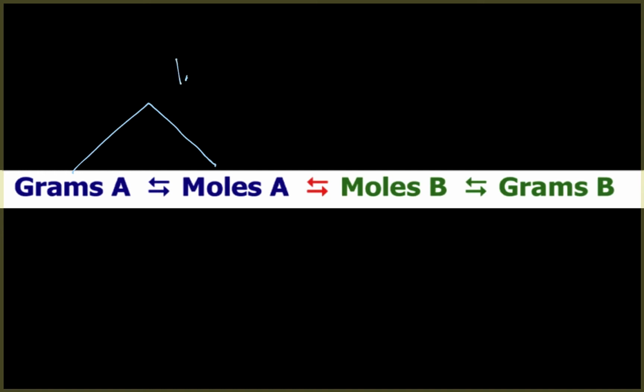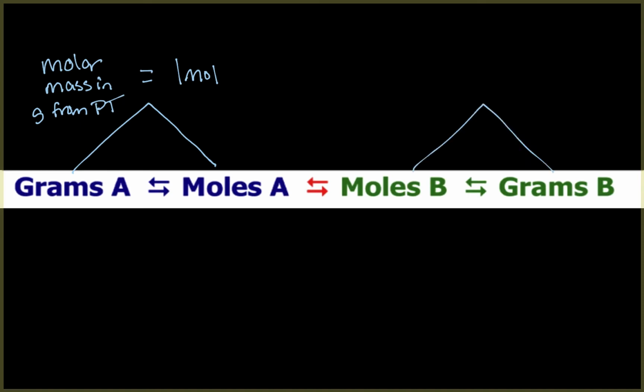One mole of any substance is equal to the molar mass in grams from the periodic table. Same thing applies over here. One mole of a substance equals molar mass in grams from the periodic table.